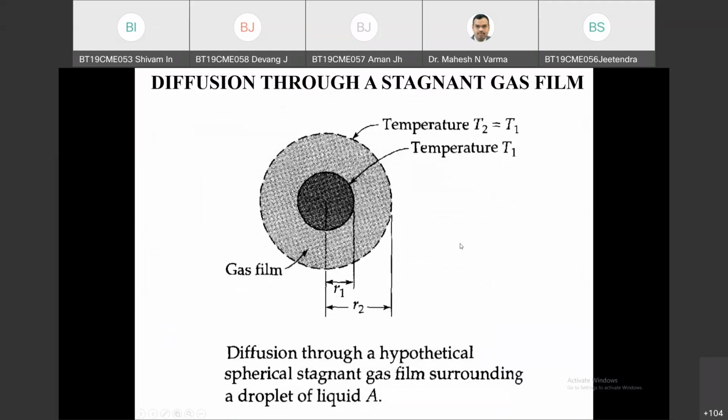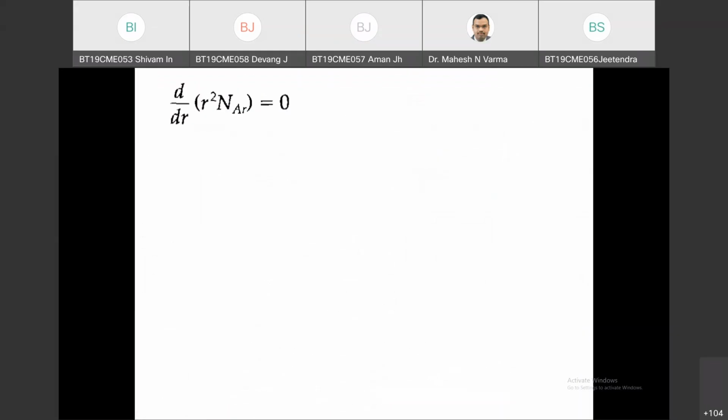So just try to get the differential equation. Everybody please do all the steps and get the differential equation for this case. So this will be the differential equation we will be getting. How many of you are getting this equation or have an idea to get it? You can write in the chat box.